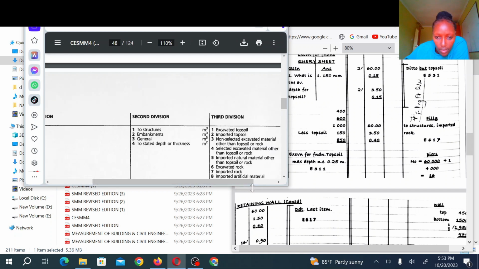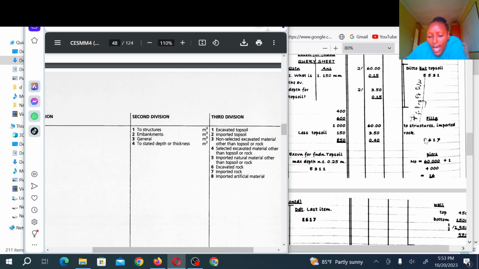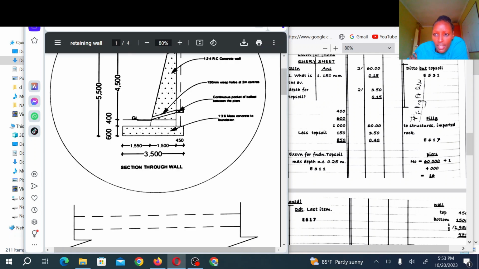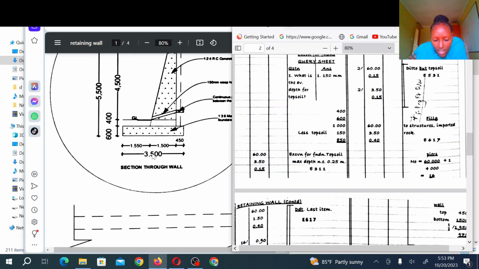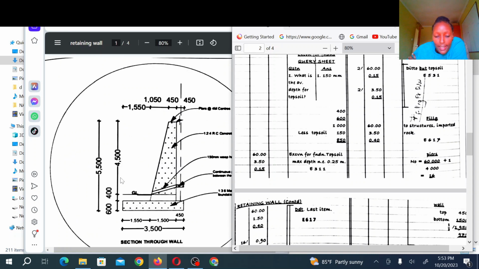Imported rock. So, when we are measuring, we have said we shall measure the whole area, which is 60 meters long, 3.5, then 0.4. Then we shall deduct where we do not have the filling using concrete. So here we are calculating the number of piers.